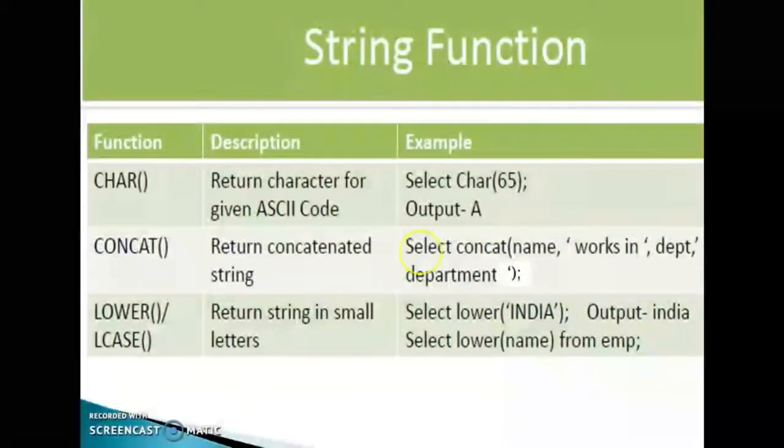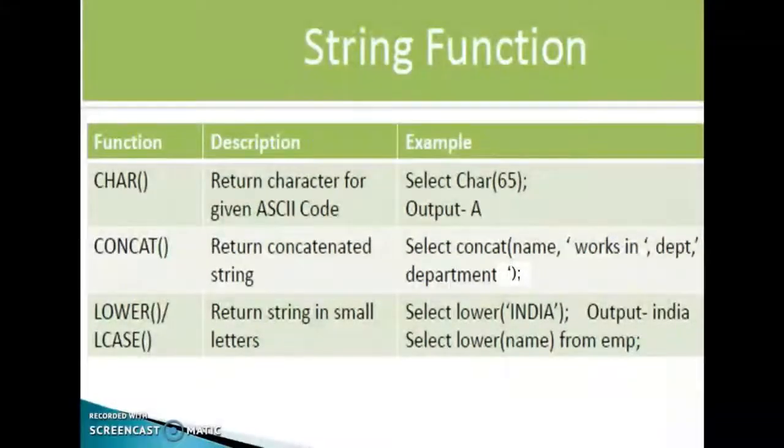Second one is the concat function. Concat means return a concatenated string. Concat means join, joining strings. Select concat name, works in, DPT, department. Name and DPT are field names, so it will take the values from the table.